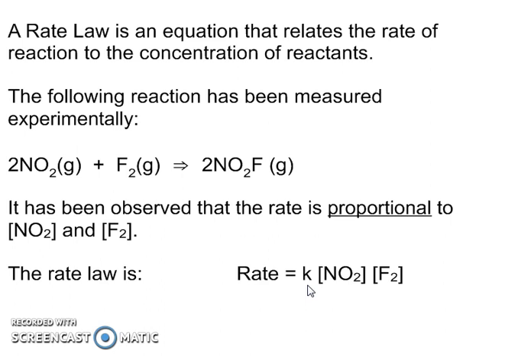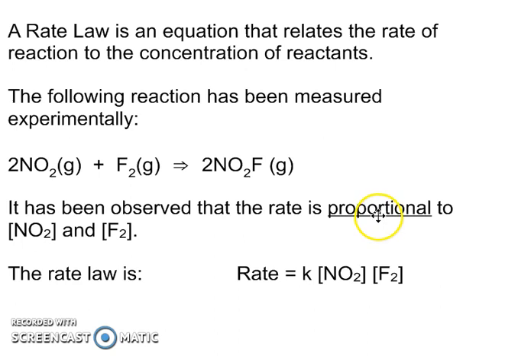So by being proportional to NO2, that's essentially saying that the rate law is going to have the concentration of NO2 in it, but it's only got a 1 as an exponent. And so the 1 exponent is understood. So if I were to double NO2 and keep everything else the same, it would double the rate. And so that would be a proportional change.